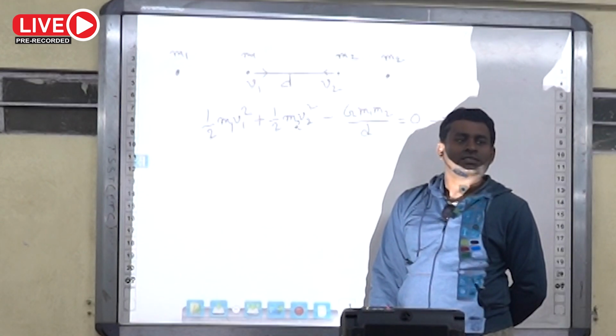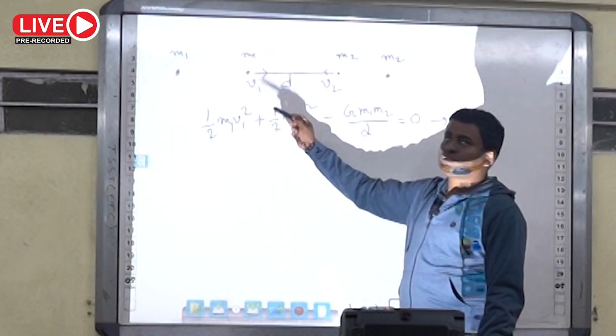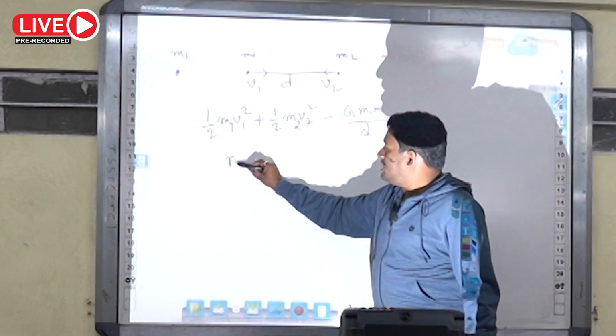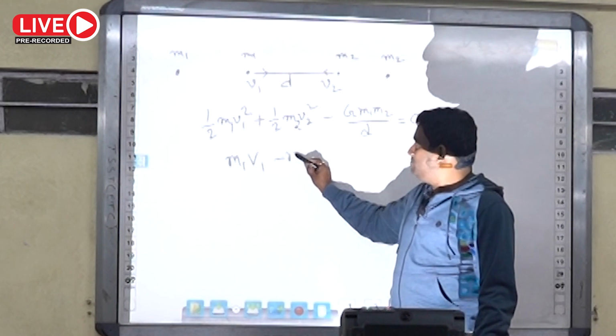Initial linear momentum is 0 because both particles are at rest. Now both are moving, so M1 V1 minus M2 V2.